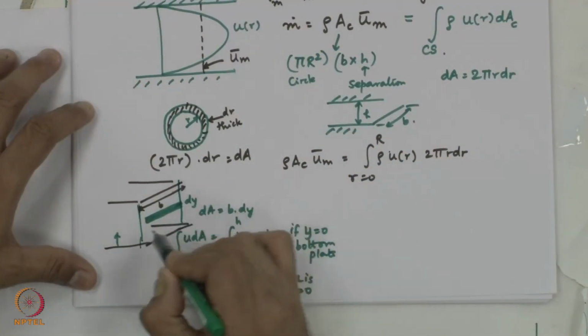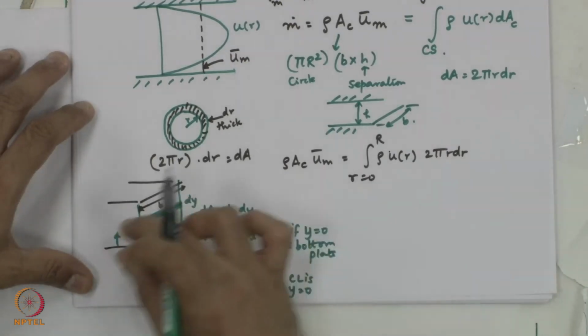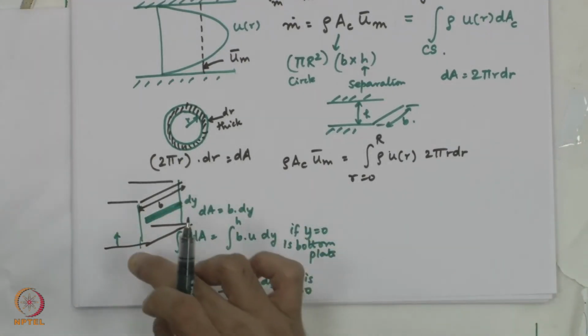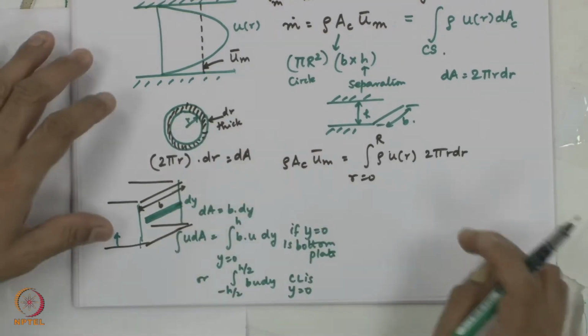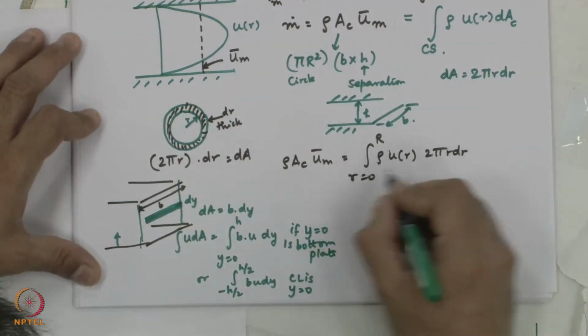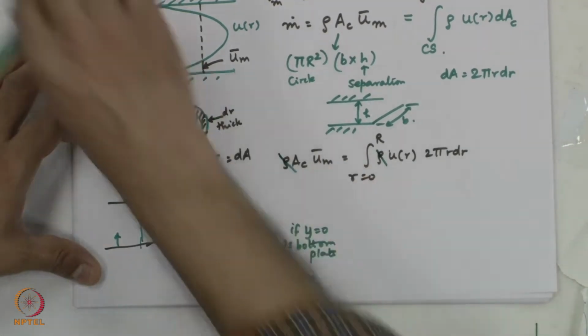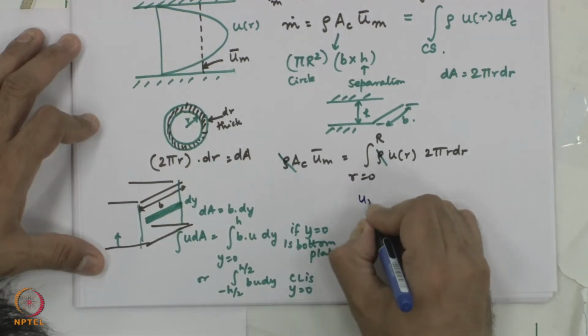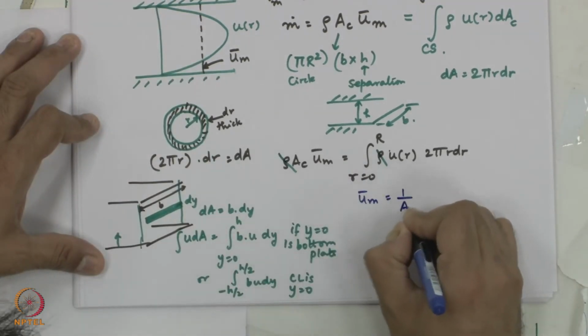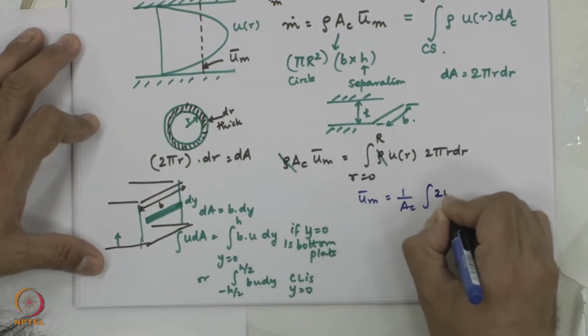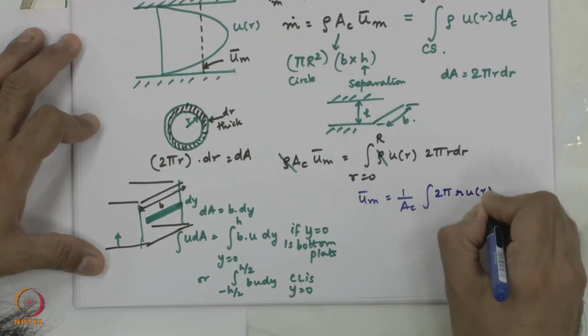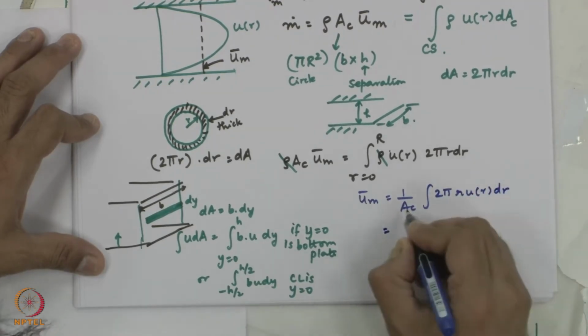You fix the area, or you take the area that you are concerned with, have a rectangular element in case of this geometry, and in case of a circle it is 2 pi r dr. So, cancel rho, I am left with u m bar is equal to 1 by A c times the integral of 2 pi r u of r dr. A c is pi r squared.